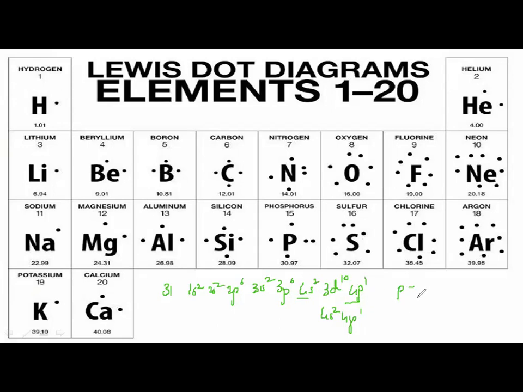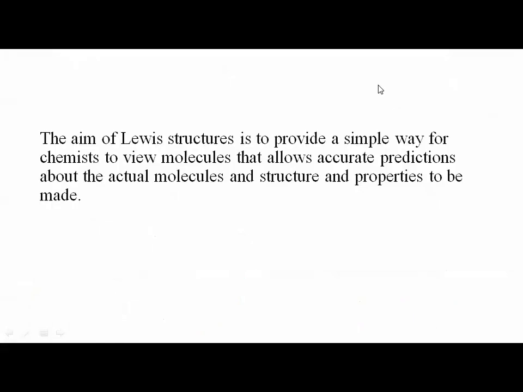Therefore 10 plus 3 is how much? It is 13. So it belongs to 13th group. So when we say it belongs to 13th group, it is the boron family. Therefore, how will we write this dot structure? 1, 2, 3. 3 electrons in the outermost shell. Is that right? Yes. So this is how we write the Lewis dot structure for the atoms of various elements.